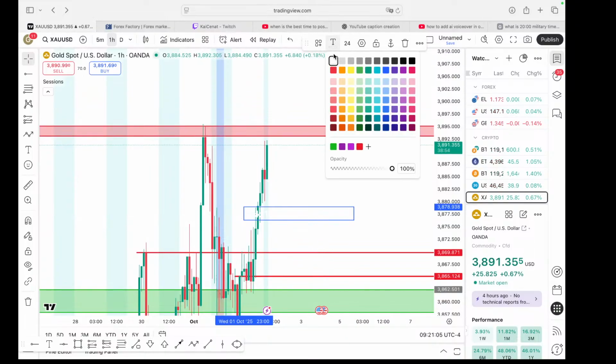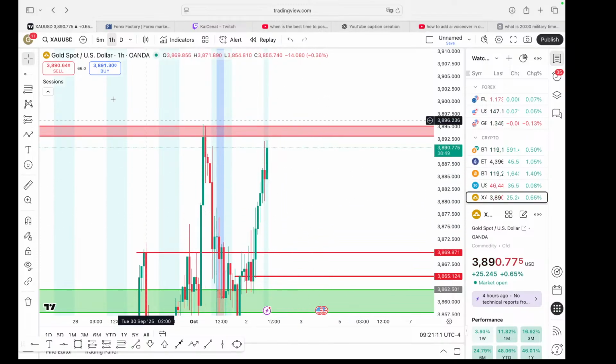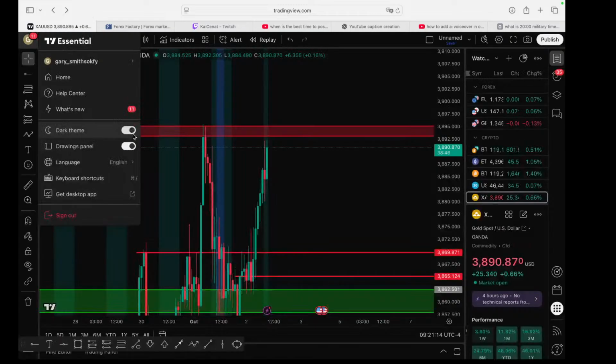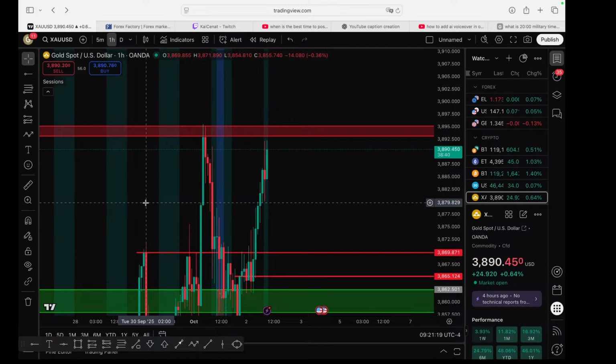All right, let me go to dark mode because I know some of you guys prefer dark mode. Oh, I gotta show you guys my account. Hold on one second.